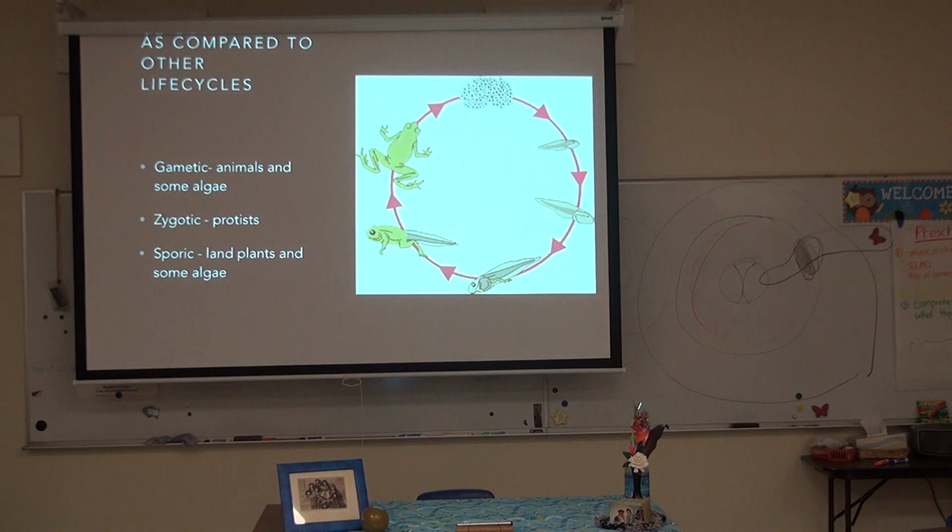Compared to other life cycles, of course, animals and some algae, animals are usually gametic. Well, they all exist in the gametic phase. What does that mean? It means male or female, meaning that we are gametes.